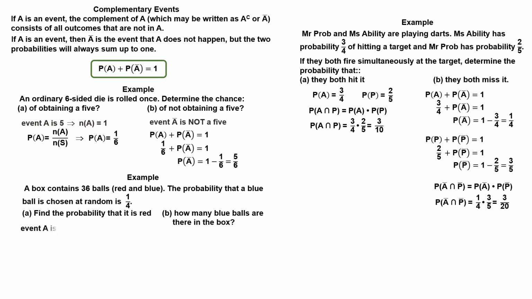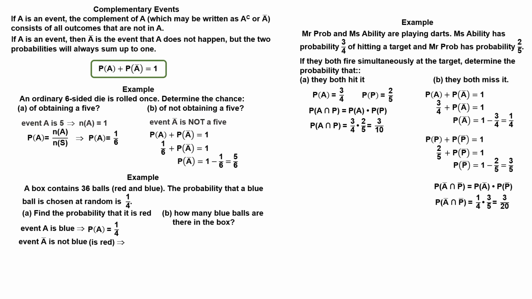The probability of blue is given: 1 over 4. The probability the ball is red is the probability of the complement of blue, because not blue is the same as red.